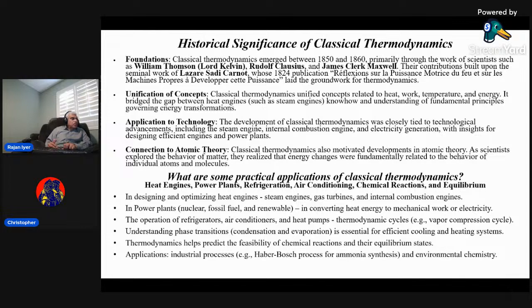For example, industrial processes like the Haber-Bosch process, for ammonia systems, are used extensively, like how nitrogen and hydrogen combine to form ammonia. So we have to find out the pressure, temperature, and volume aspects, and that's very well described by thermodynamics, as well as by environmental chemistry, which studies what's going on in atmospheric sciences.